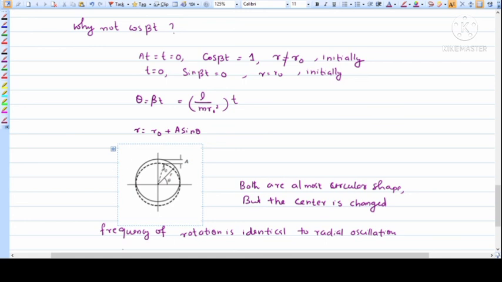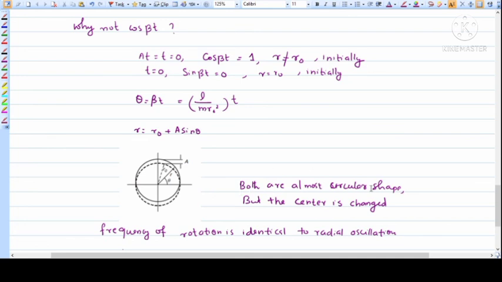So this is the figure for the original orbit and the new orbit after firing the engine. Both are in a circular shape, but the center is changed, and the initial radius, or radial position initially, is r0, and it is changed to r0 plus a sin theta.